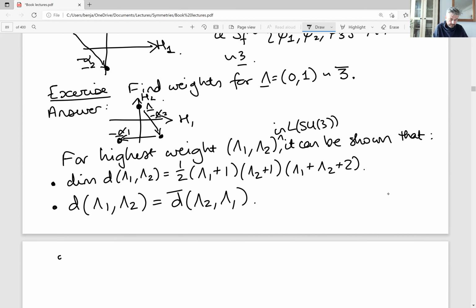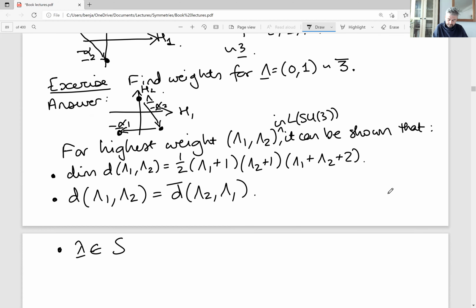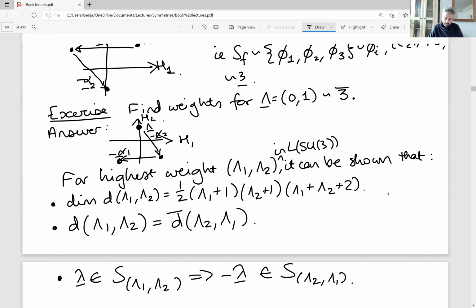We can also show that lambda is in the weight space of lambda 1, lambda 2 implies that minus lambda is in the weight space where we change the highest weights over.